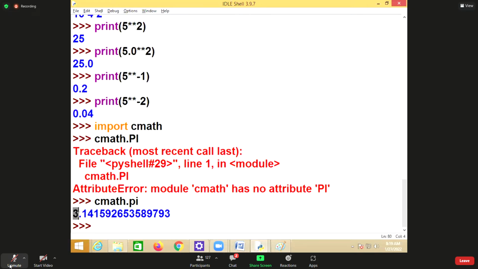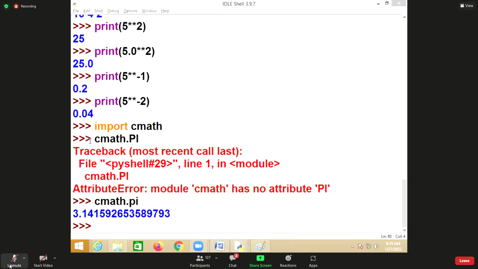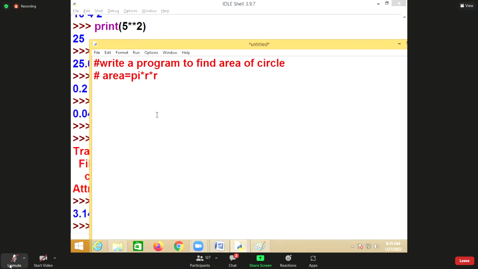So what is the value of pi here? 3.141592, like this. This is the value of pi. So instead of taking my own pi value, I take the pi value from which module? The cmath module. So I'm trying to import which module? The cmath module, for complex mathematical functions.